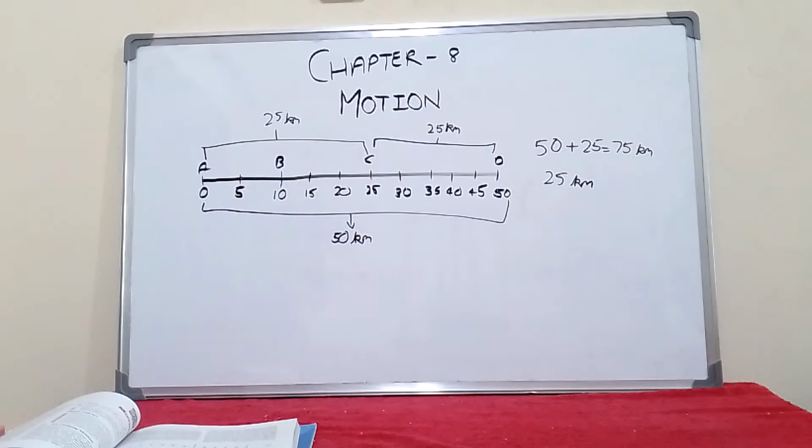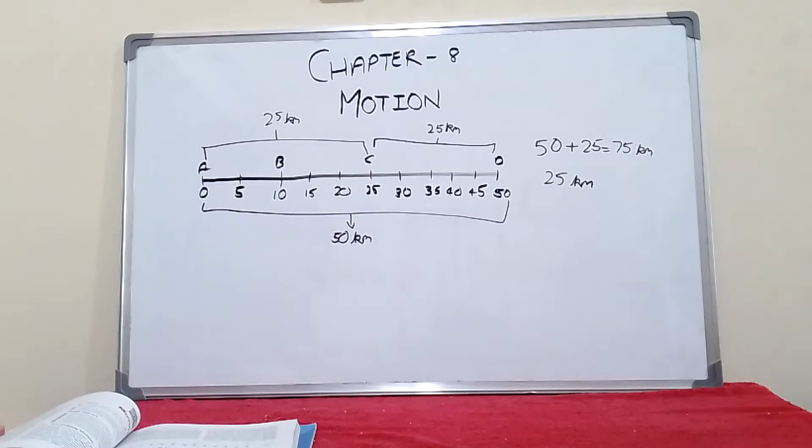Displacement is the shortest length between the initial and the final point. Here the initial point is A and the final point is C, and the distance between them both is 25 kilometers. But the distance covered is the total length you have covered, which is 50 plus 25, that is 75 kilometers.